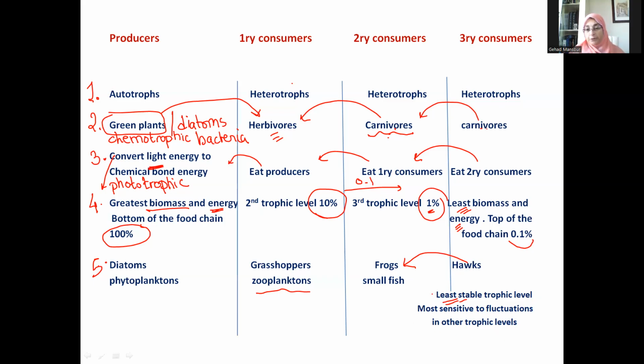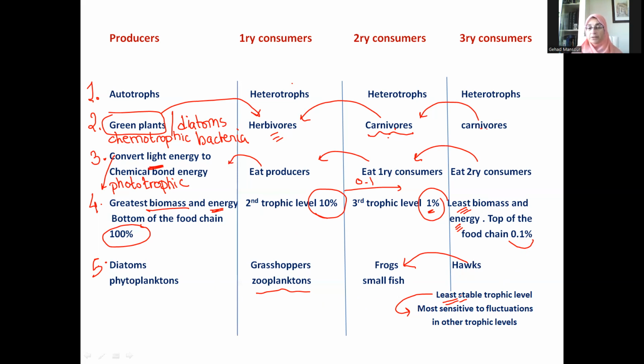Why is it, or what does it mean, that it is the least stable trophic level? It means that any change that occurs in the lower trophic levels will be magnified in the uppermost trophic level. For example, if you have a drop in energy by 50% here, then it will be intensified because you receive only 10% of the 50%, so you receive only 5% of the amount.